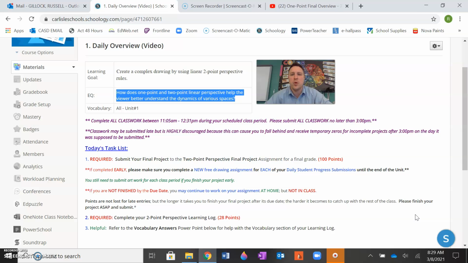So again, the more you write, the better. It does not need to be a book. It's not meant to be difficult. Yes, you could answer the questions with 1 strong sentence, but if you know you can write more, just write more until you have answered it in as much detail as you can. That's how you get the most points for your learning log assignment.